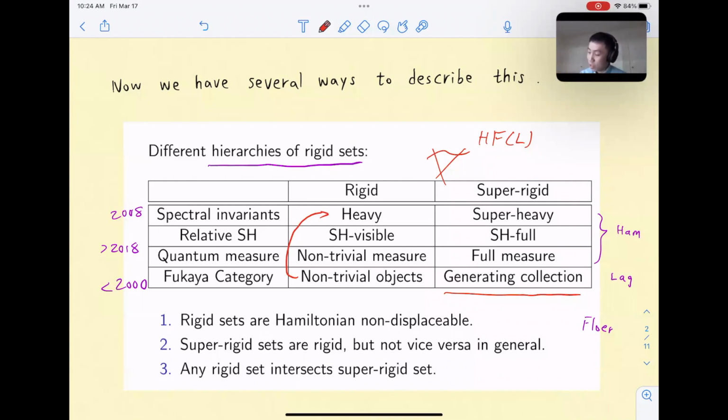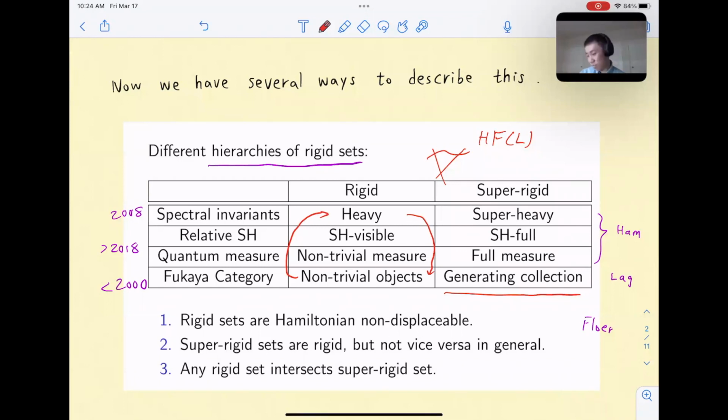The other direction is to ask whether the opposite implication is true. If we know the Lagrangian is heavy, we ask whether it has non-zero Floer cohomology.